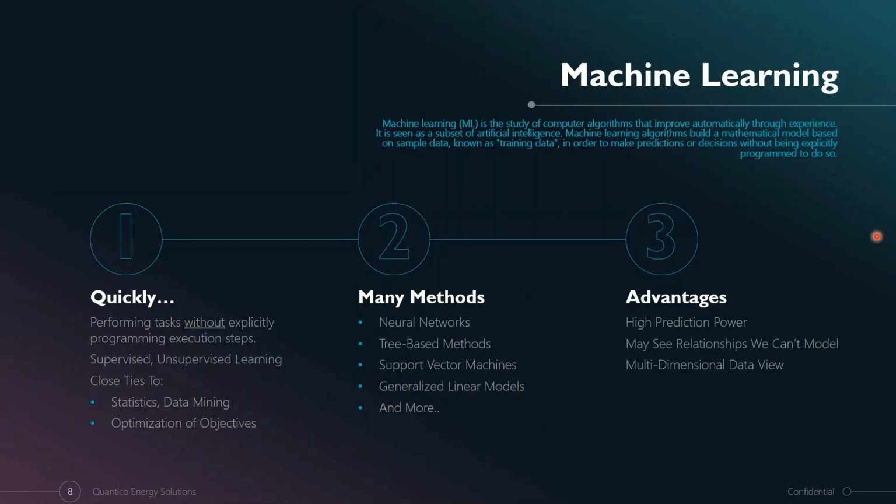And the advantages of machine learning methods are they're very powerful. They have very high prediction power, and they can sometimes see relationships that we are approximating that are not really explained well in our models. They can also look at multidimensional data much better than we can, and also find relationships between data that's not really closely related that would be very difficult for us to do.